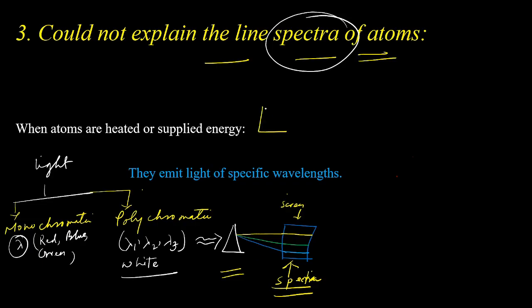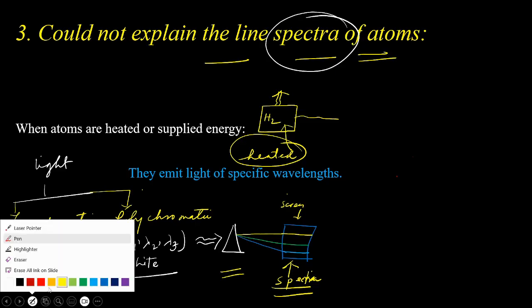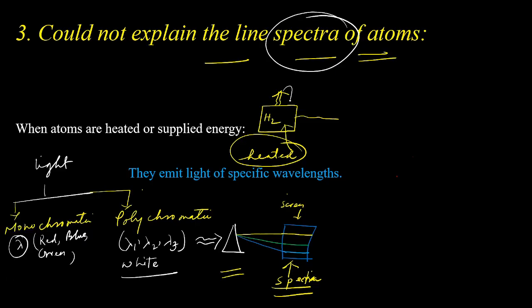When gaseous elements are kept within a place and heated, suppose the gas is hydrogen gas and it is heated, after heating, the gas gets excited. When the gas now comes to its ground state, it releases energy.